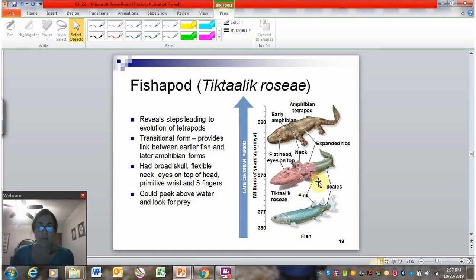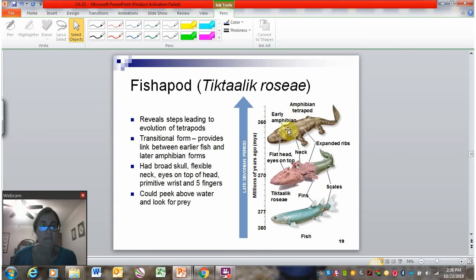From its fossilized remains, we can see that it is what's called a transitional organism. Transitional means in between. The Fishapod had the backside of a fish, but its head and front was starting to look more like an amphibian. So this puts Fishapod in between fish and amphibians.